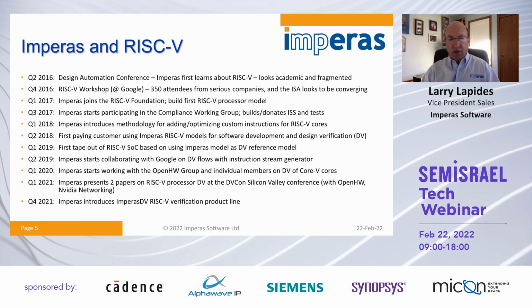And then about a year ago at DVCon in Silicon Valley, we presented 2 papers on RISC-V processor DV, one in collaboration with Open Hardware and the other work with NVIDIA Networking, the Mellanox group here in Israel. And then at the RISC-V Summit in December of last year, we introduced our Imperas DV RISC-V verification product line. So we've been an active member of the RISC-V community. I would say the leading member of the RISC-V ecosystem for the last 5 years.